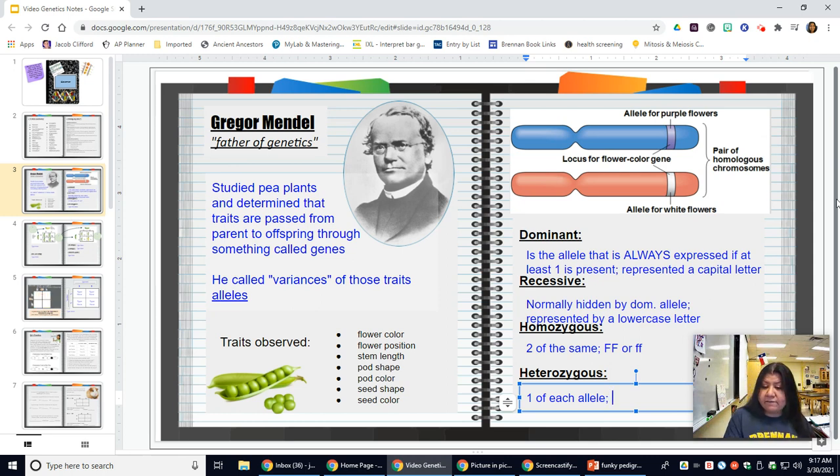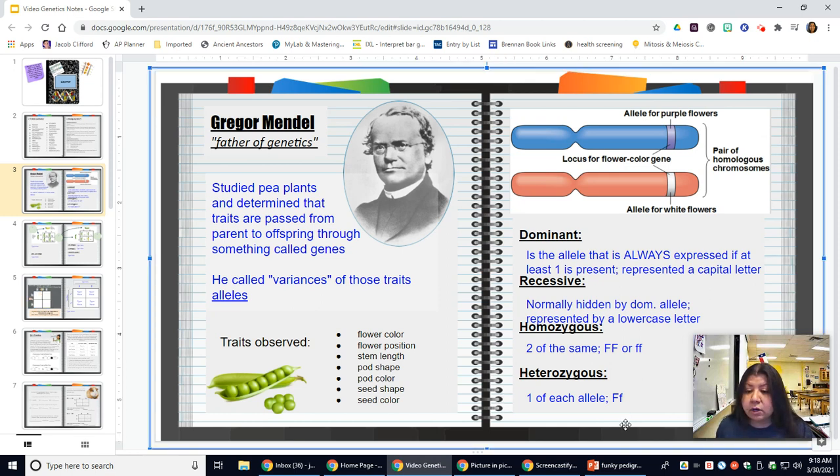Okay, so if we use our letter F again, that means we have big F, little f. So remember, if we have a dominant allele present, that means the recessive allele is going to be hidden. We're not going to see that. So if we're still going with flower color, that means that this individual would still have purple flowers because they have a purple allele. Okay?